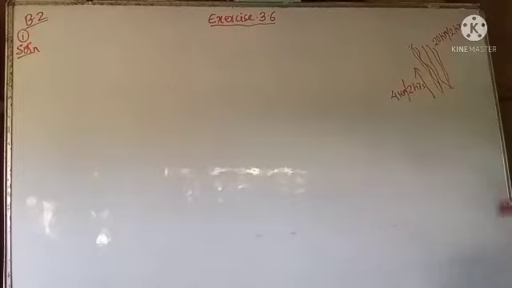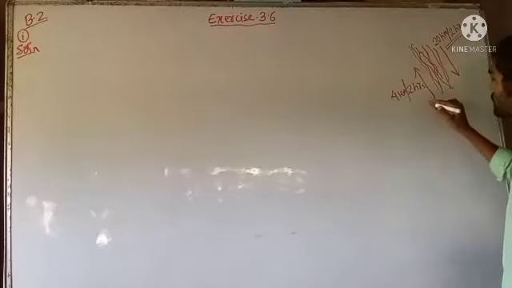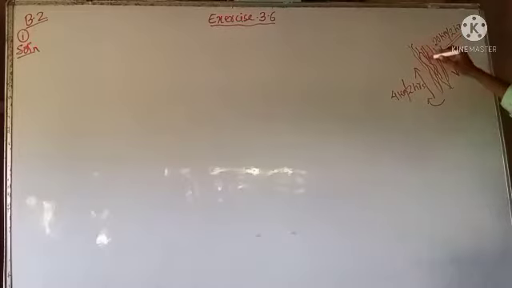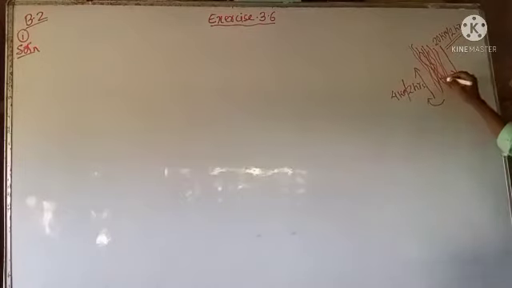Now what happens here is that when she rows downstream, the speed of the water gets added to her speed, and when she is going in the opposite direction, that means upstream, the speed of the water is forcing her back, but she is going on the opposite side. That is why the speed of the water gets subtracted from her speed.